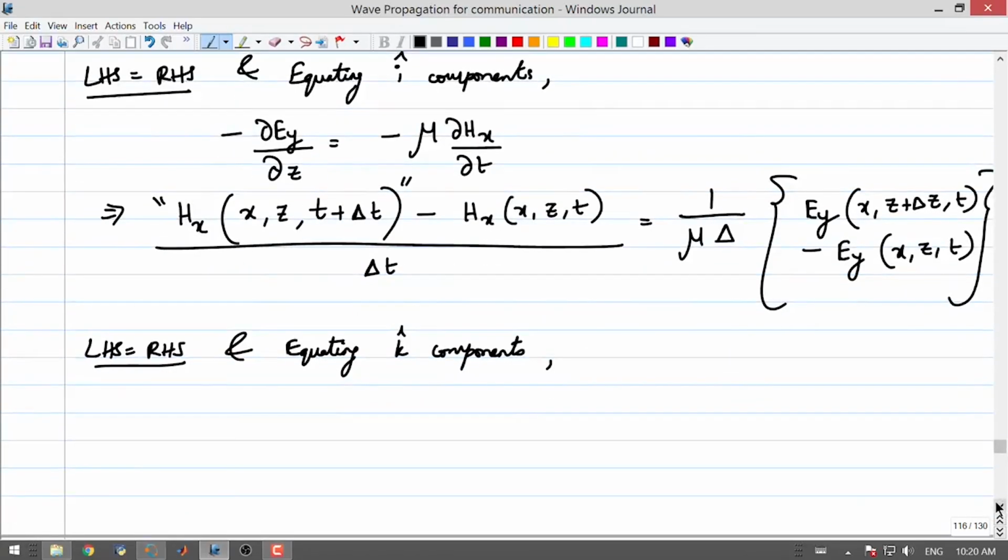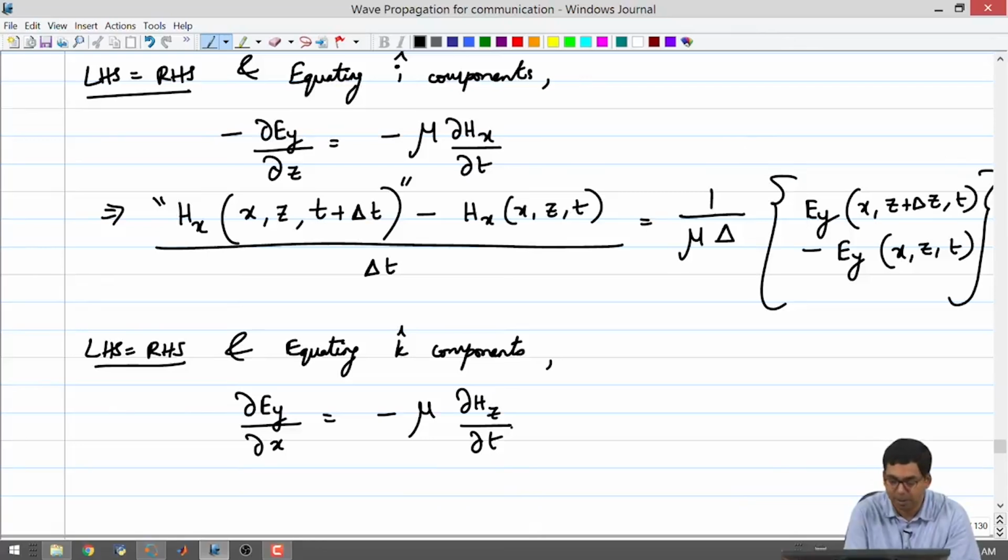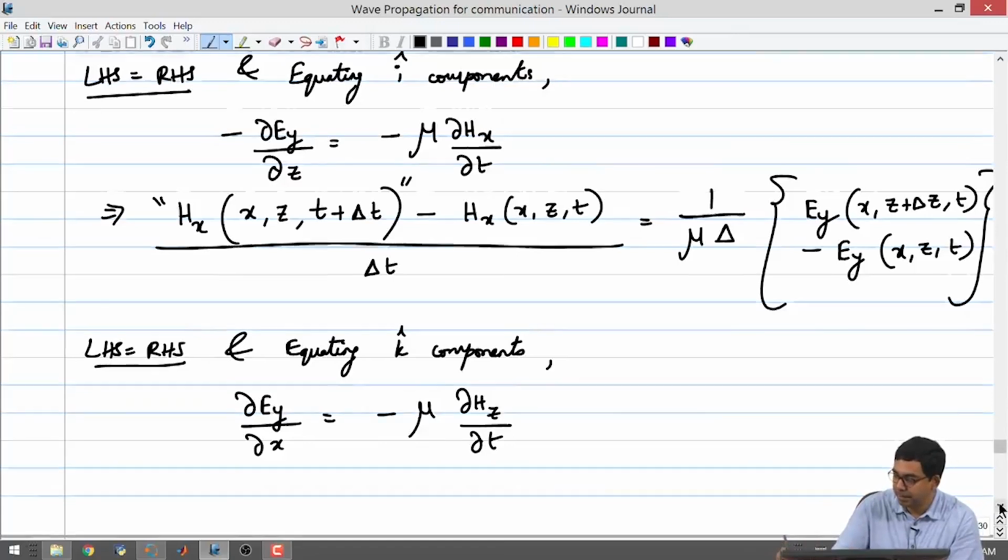You will end up with another equation: ∂Ey/∂x is equal to minus mu ∂Hz/∂t. It is not very different from the previous equation that we have written, just there is a minus sign coming into the picture.